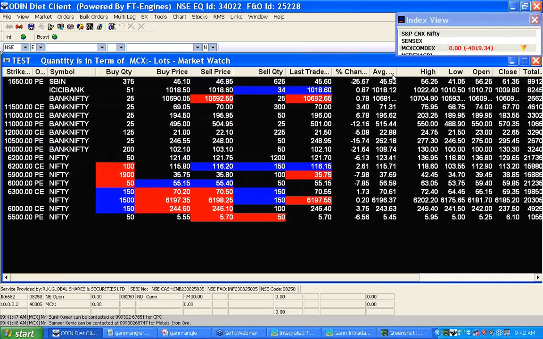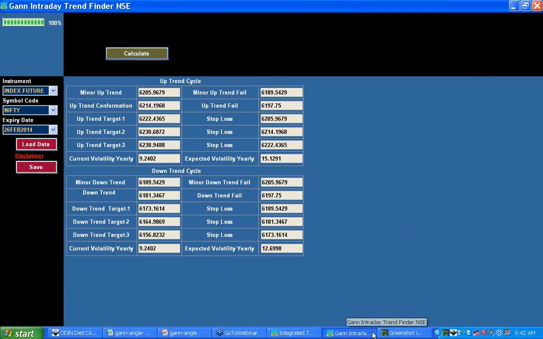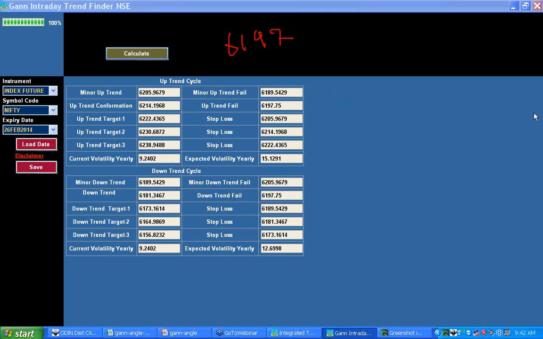And I will put the current price also, 6197. So this is of course the trend forecast.